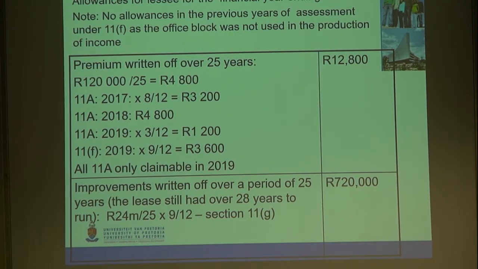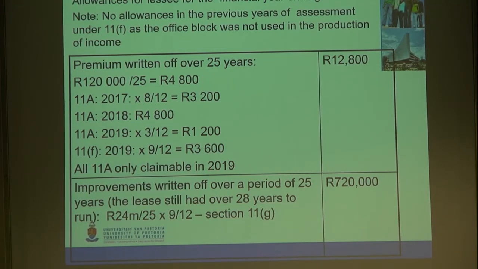Okay, now I've just simply split it. It's a very technical split. I'm getting the deduction for the whole year. But for the first 3 months of the year, I'm getting it as a pre-trade expenditure because for the first 3 months, I'm not trading. Can you see here that essentially for 2019, I'm going to get the full 4,800 Rand for a full year.